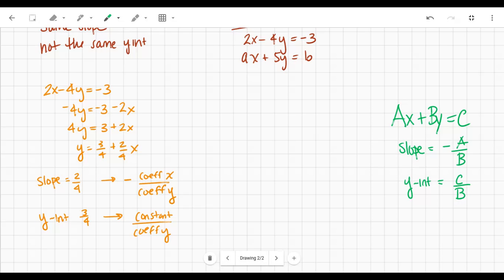We're going to do the other one and show you that it works out to be the same. Actually, we're not going to be able to do that because that one's got the unknowns in it. But the slope of this one would be negative a over b, so negative a over 5.